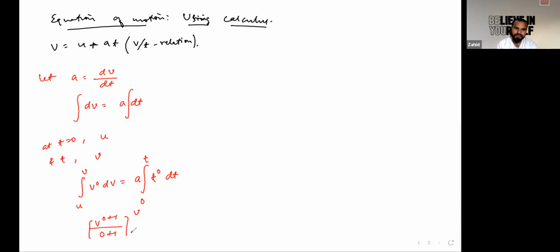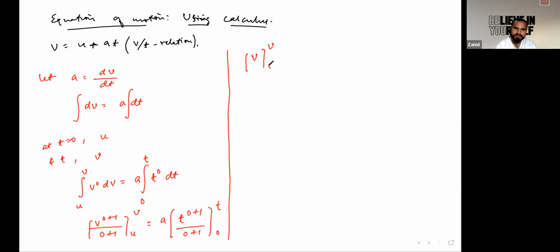Limit v to u is equal to a t raised to 0 plus 1 divided by 0 plus 1, limit t to 0. Now if you simplify it, you will get v, upper limit minus lower limit, is equal to a t, upper limit minus lower limit.